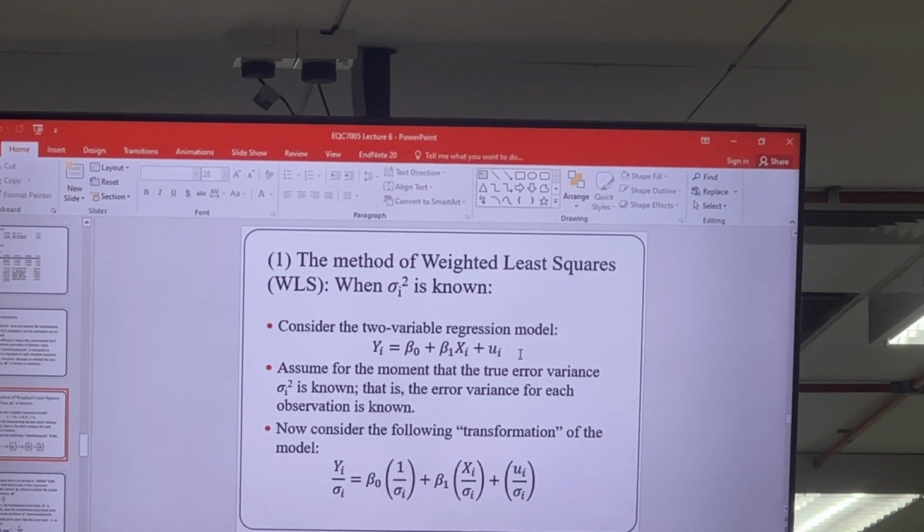If the value is known, we can transform the equation in order to transform the error term to have a constant variance instead of the unequal variance.